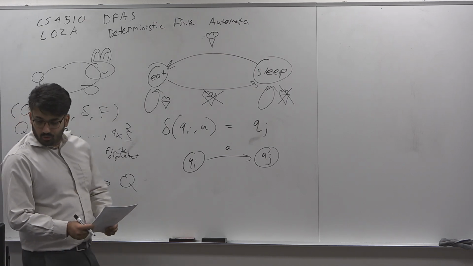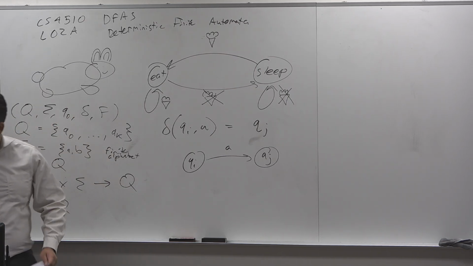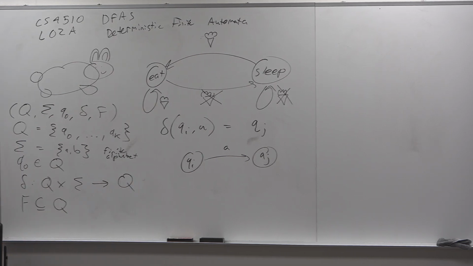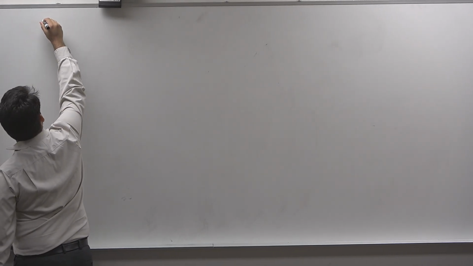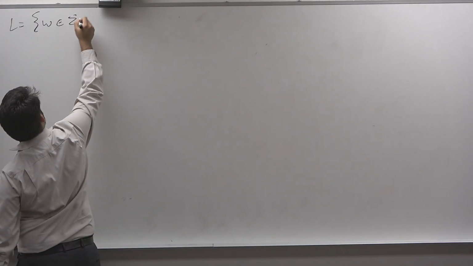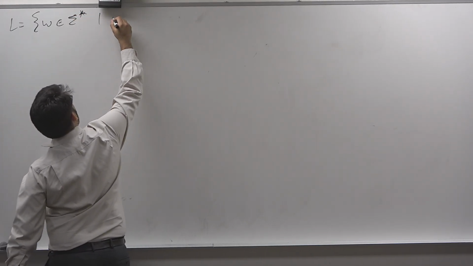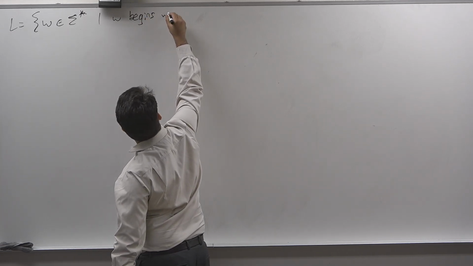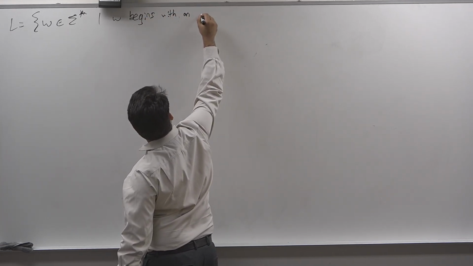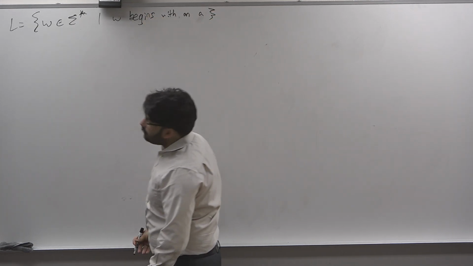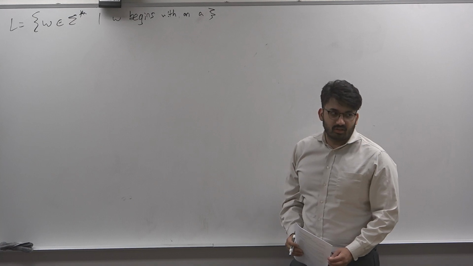So let's do the language of W in sigma star such that W begins with an A. We're going to make a DFA for this language.